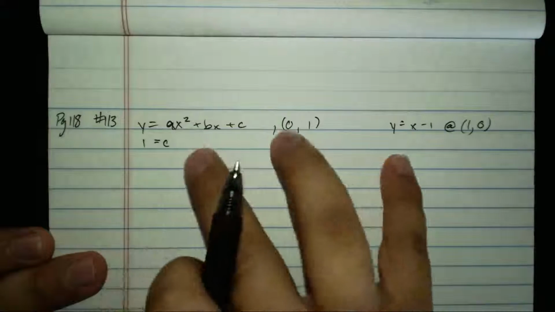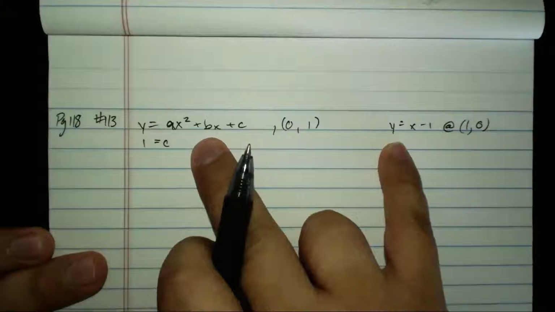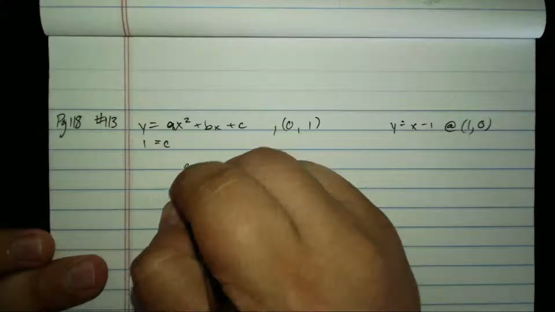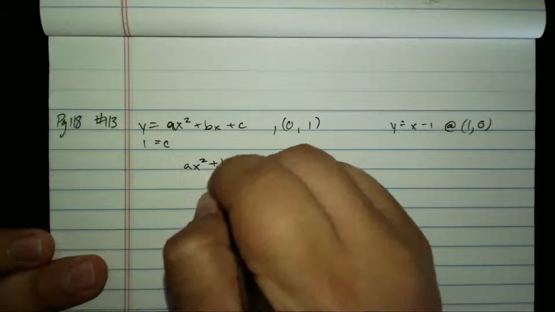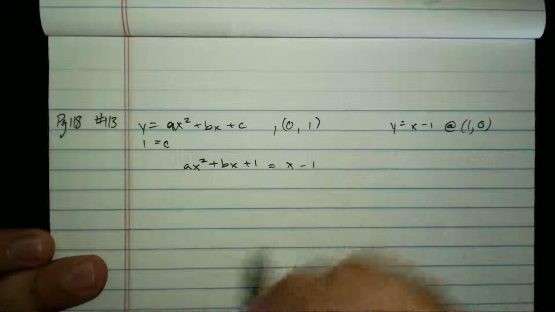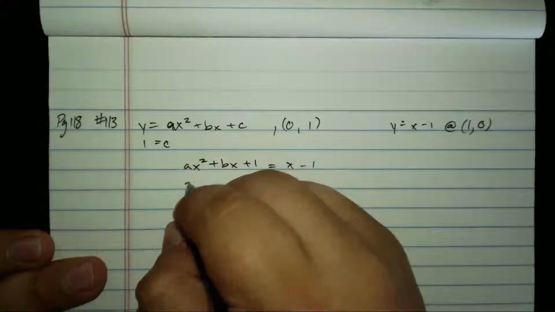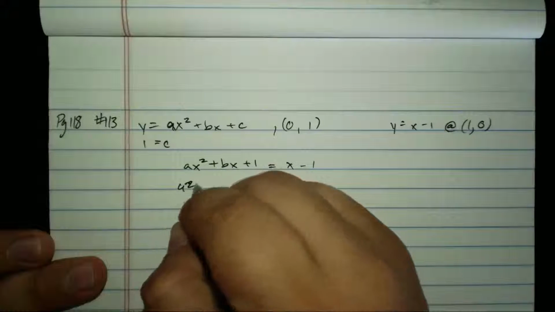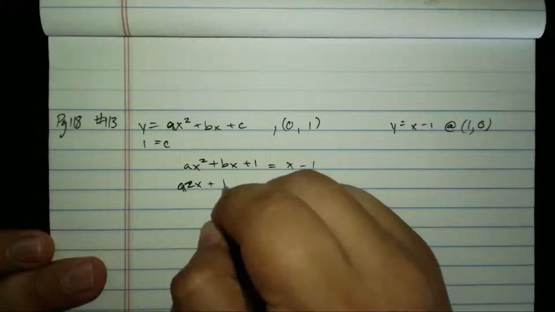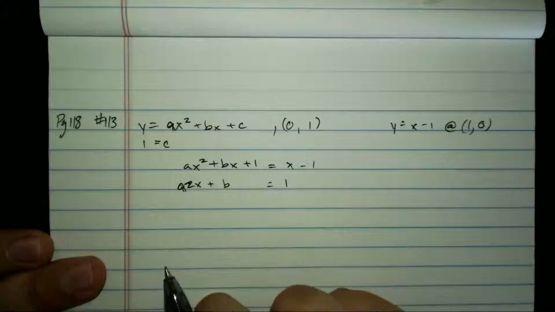So now we're doing the same exact thing that we did on the last 3 problems we just did. So in other words, ax squared plus bx plus 1 is equal to x minus 1. Okay, so that means a times 2x plus b is equal to 1.